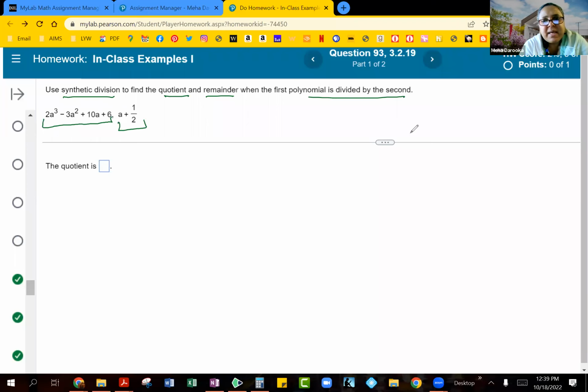So let's see, we have 2a to the third minus 3a squared plus 10a plus 6. So there are no missing terms in there. So we can do 2 from the first coefficient, negative 3 from the second one, 10 from the third one, and 6 from the last one.